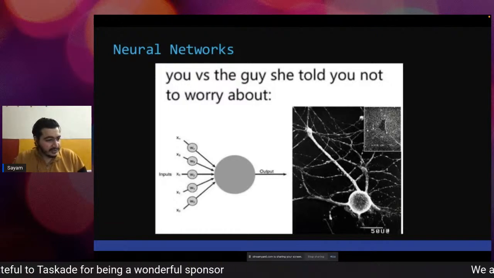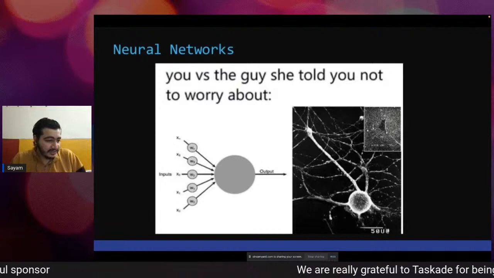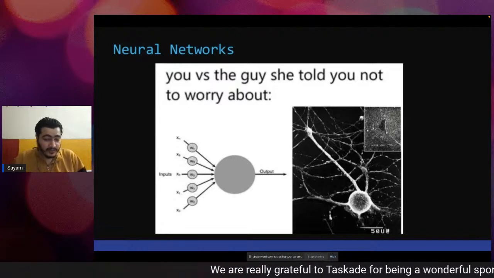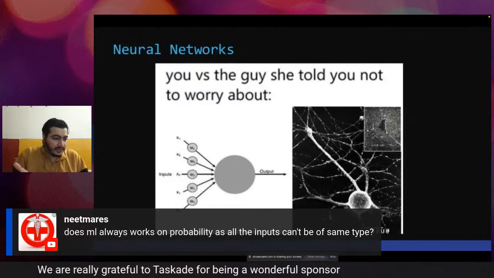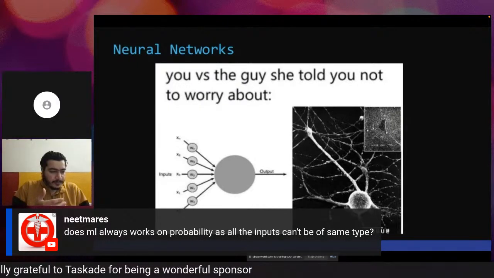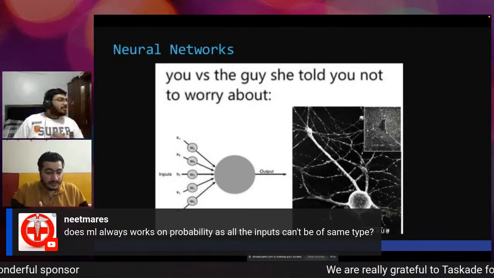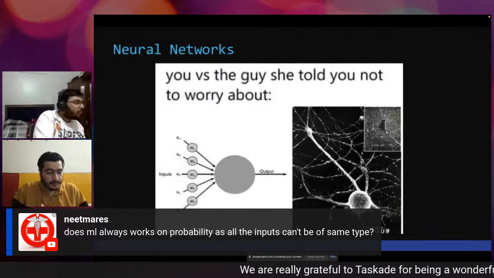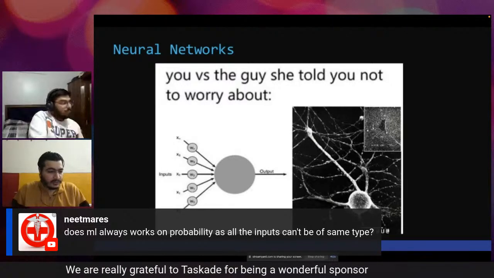Coming to the question over there: does ML always work on probability, as all the inputs can be of the same type? Yeah, exactly. It's always better to treat whatever output you get from the machine learning model from a probabilistic point of view. Your model should give a very low probability on the output if the input data is garbage.